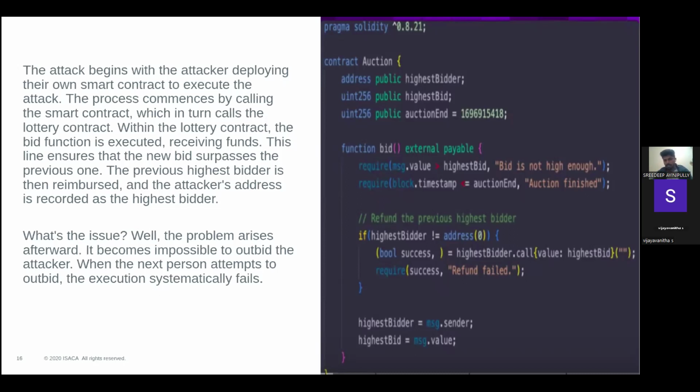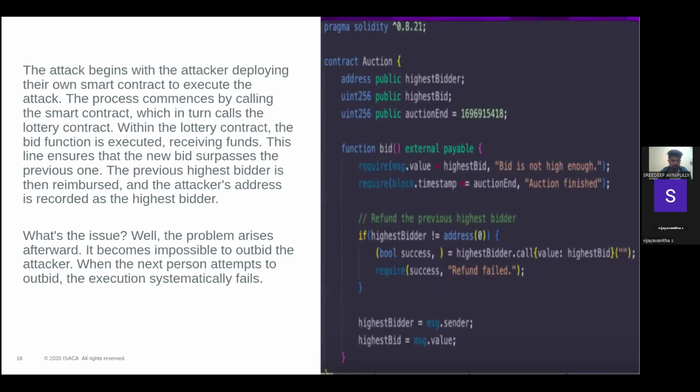In simple words, if an attacker calls this function a lot of times, that results in gas problems, and the attacker also becomes the highest bidder. Then the next person can't outbid, because there's a gas limit for a block.